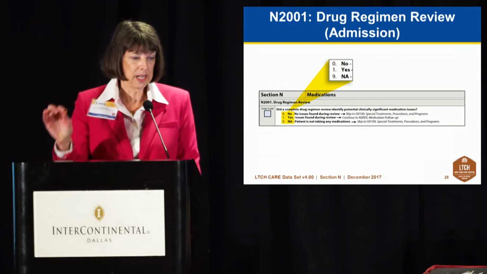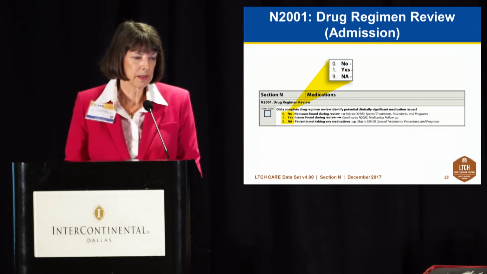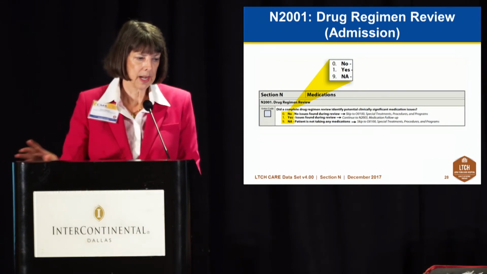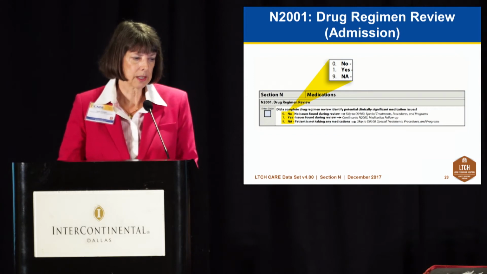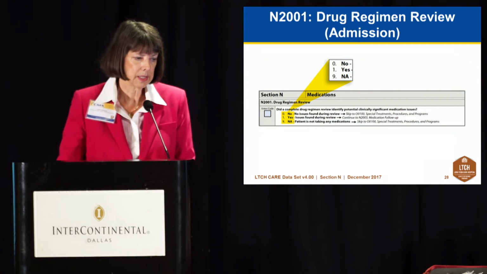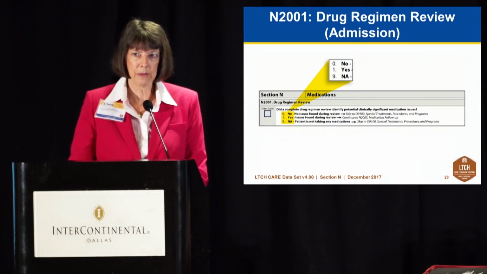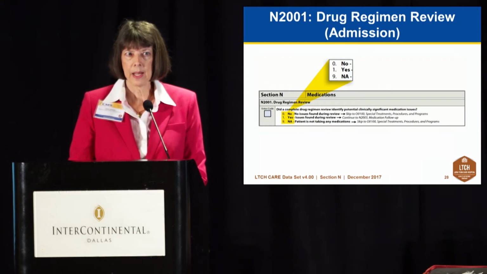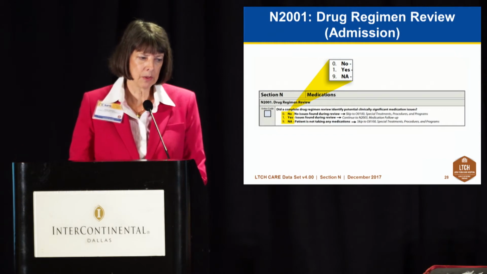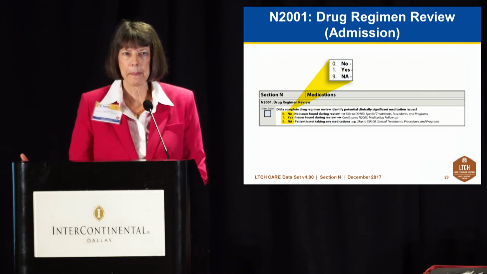But when you read each one of these, as we will, you'll note that if you chose no, there were no issues found during the review, you will skip to a designated item in the special treatment section for the admission assessment. If you say yes, there were issues that were found, then you will continue with N2003, and then 9, not applicable, is only used in this item to mean the patient is not taking any medications.